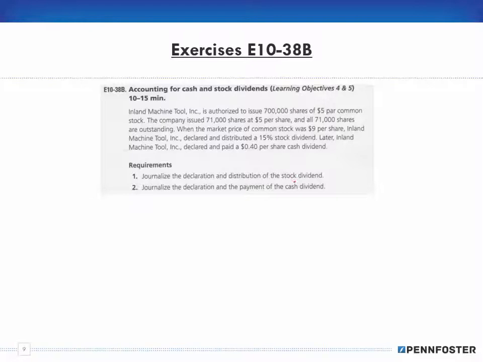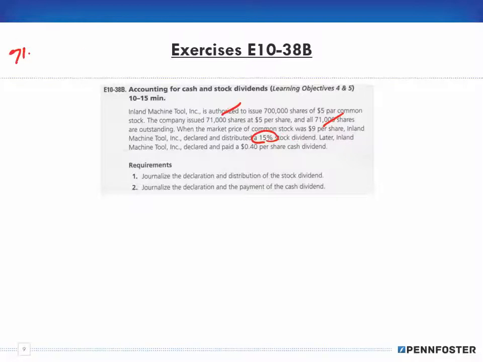Okay, so the first thing we have to do is figure out the value of the dividend, right? So we have the company issued 71,000 shares. But the market per share, now don't get confused, we're not going to use the par value of $5 per share. You're using the market value of $9 per share, and they're distributing 15%.